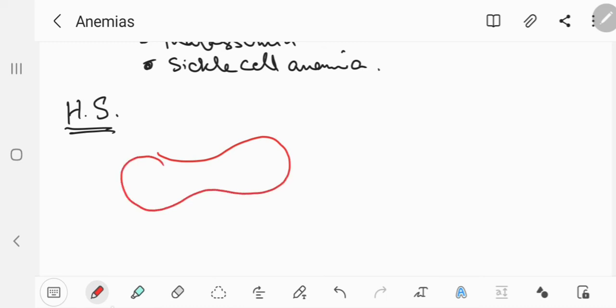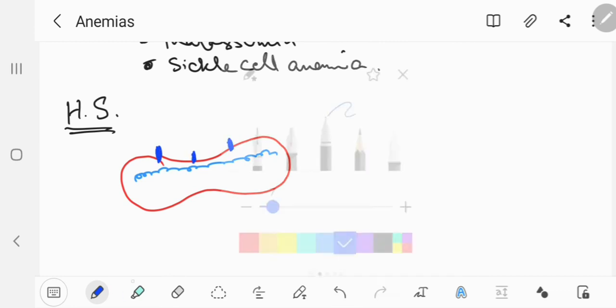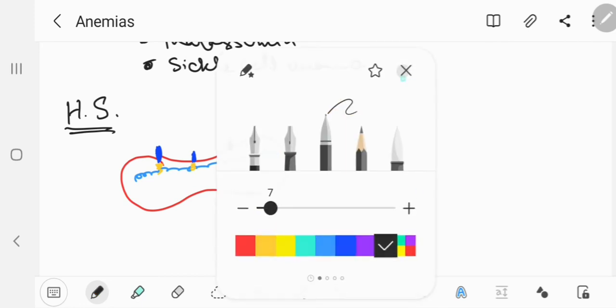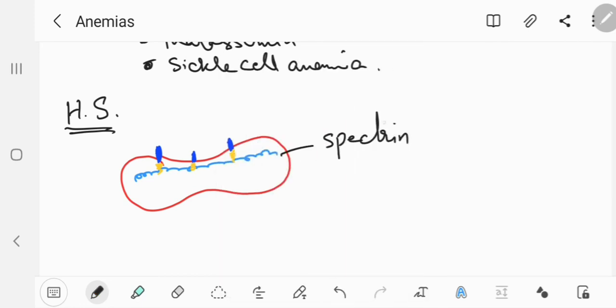In hereditary spherocytosis, the cell membrane has a cytoskeleton. As we all know, the RBC cell membrane has a cytoskeleton that comprises spectrin and ankyrin molecules. These cause the disc-shaped RBC.